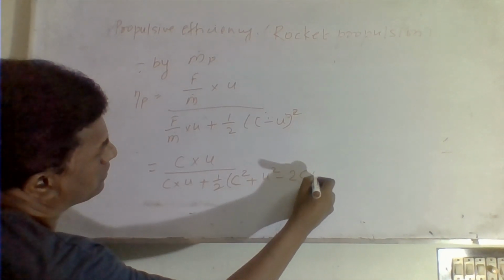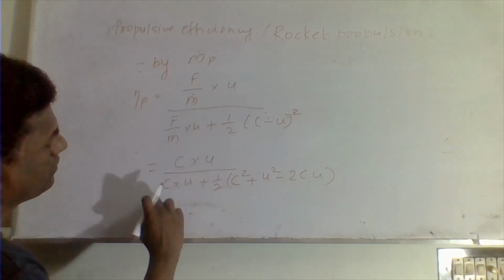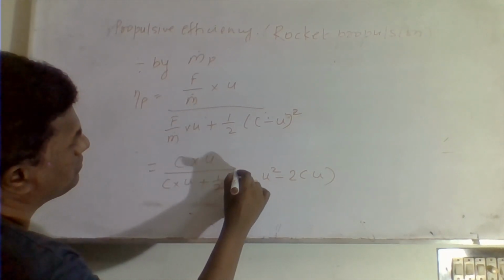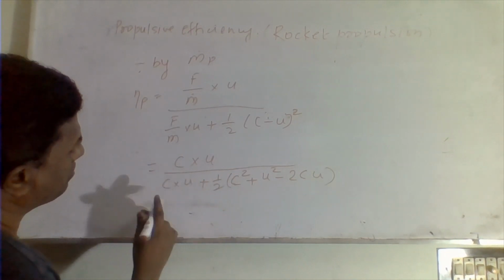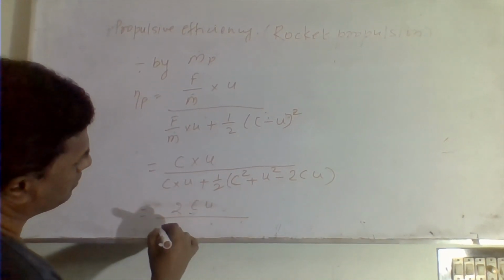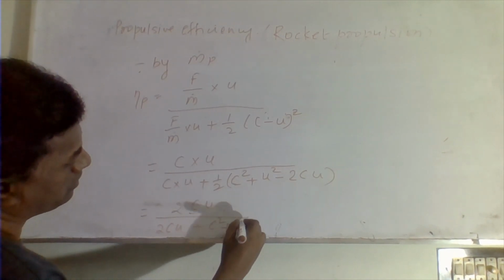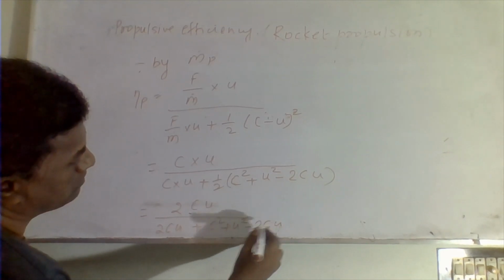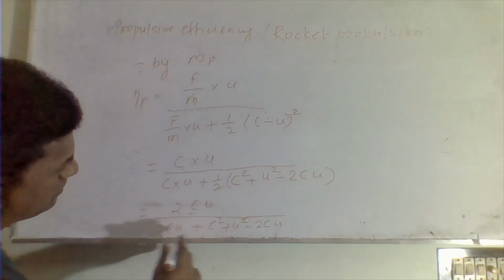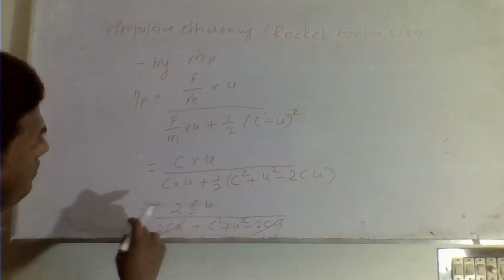Then this 2 can be taken to the numerator, so it will become 2CU divided by 2CU plus C square plus U square minus 2CU. We can cancel out these two terms.